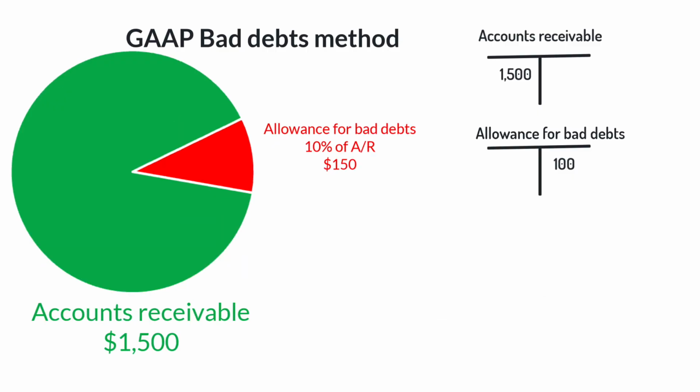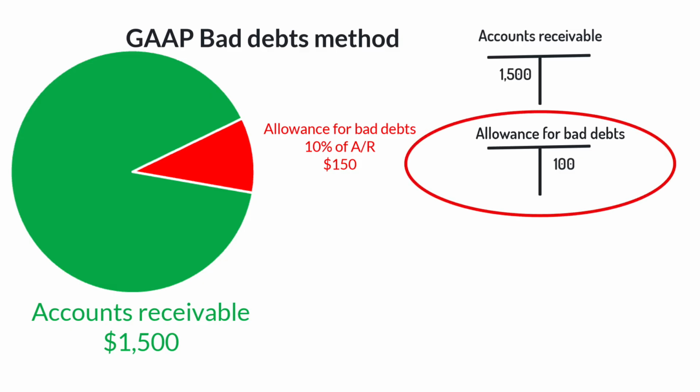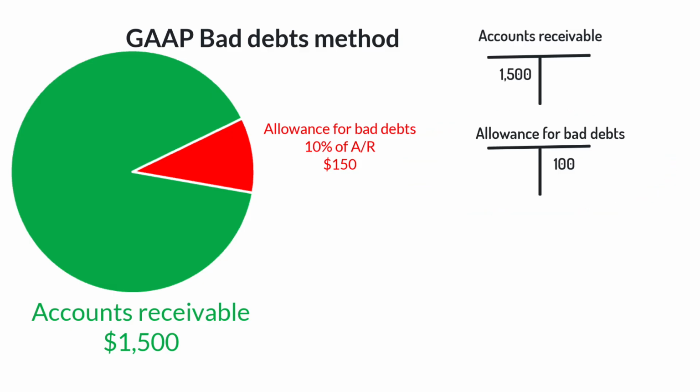Now let's assume that in the next year, accounts receivable grow to be $1,500. If that's the case, and at 10%, we now estimate the allowance for bad debts to be $150. Yet, we still have, let's say, in the allowance for doubtful accounts, a $100 credit balance. We want it to be $150, so we're going to need a journal entry.